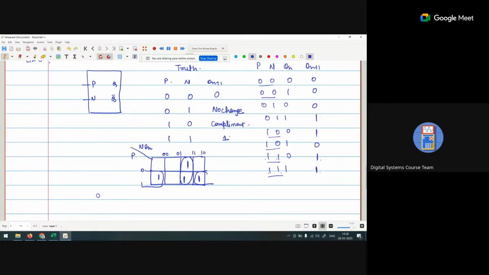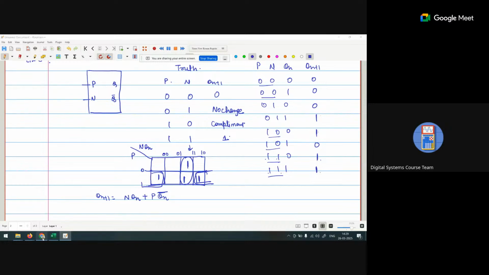So our equation is Qn plus 1 equals n Qn for this one and for this one plus P Qn bar.